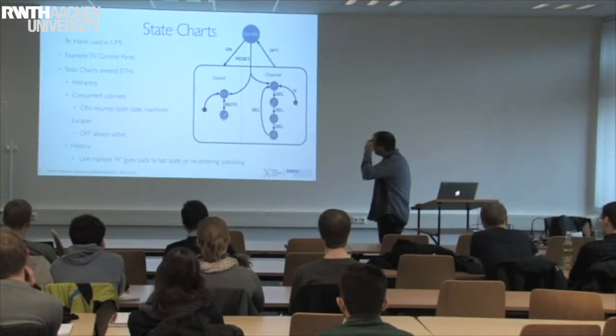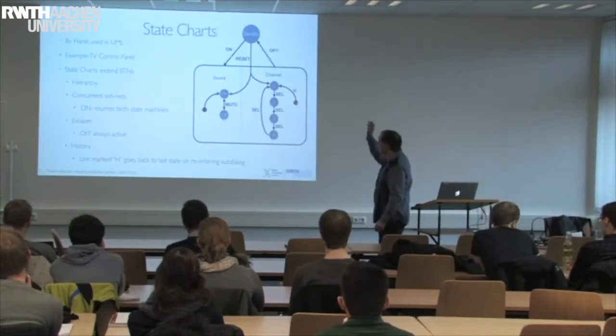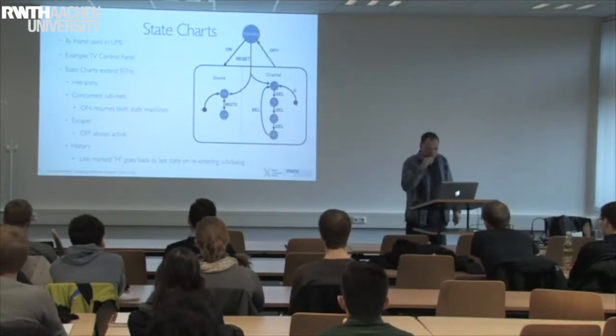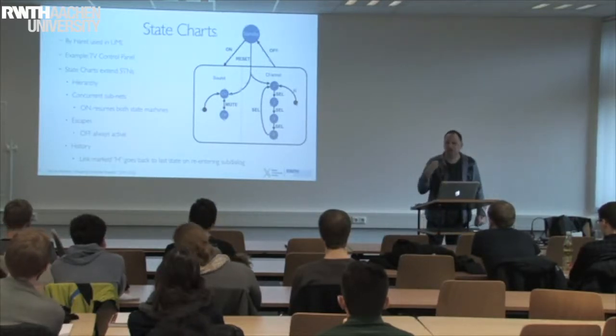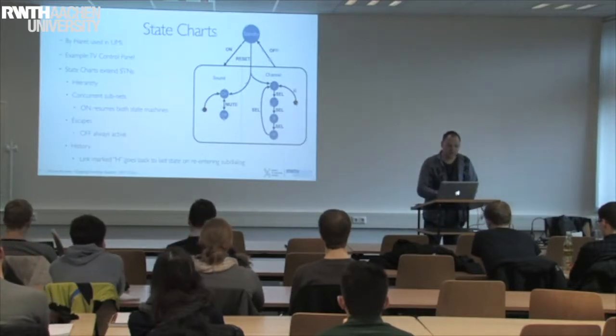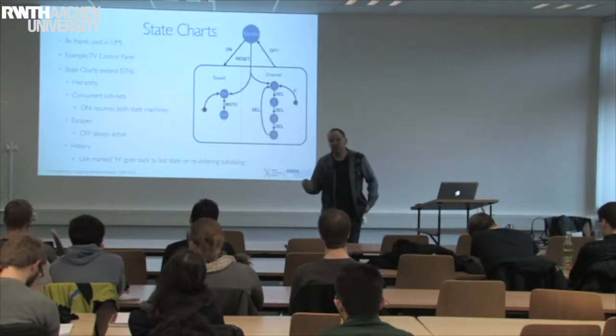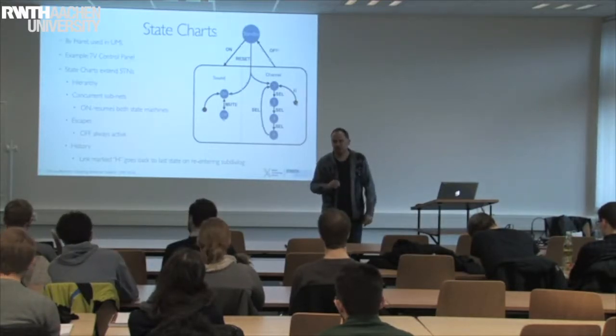As an example here, we'll be looking at a TV control panel, and this is a very simple TV. And I'll use that example to show you what the state charts do over STNs. The first thing that state charts allow you to do is to add hierarchy. That's a very simple thing.